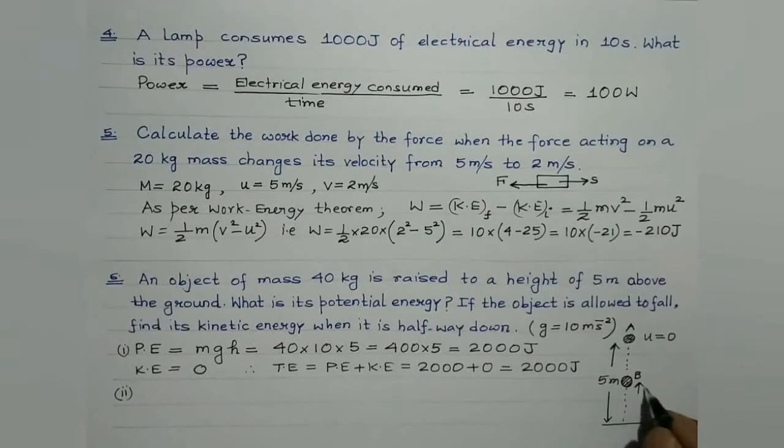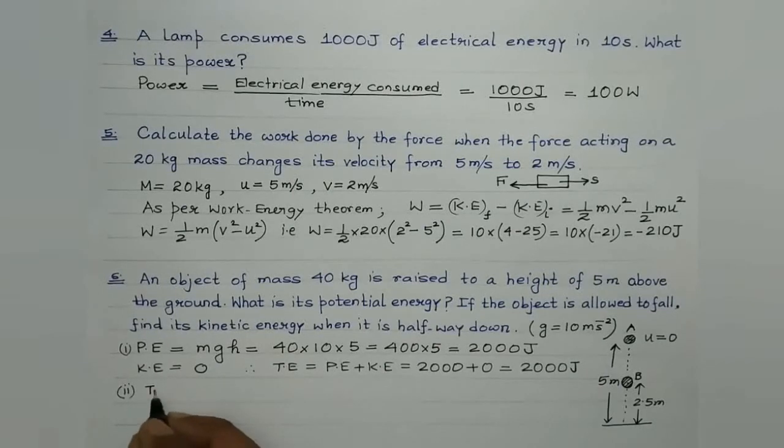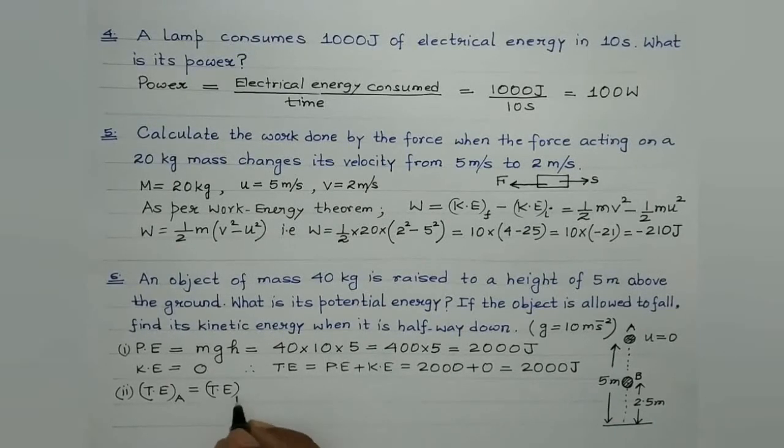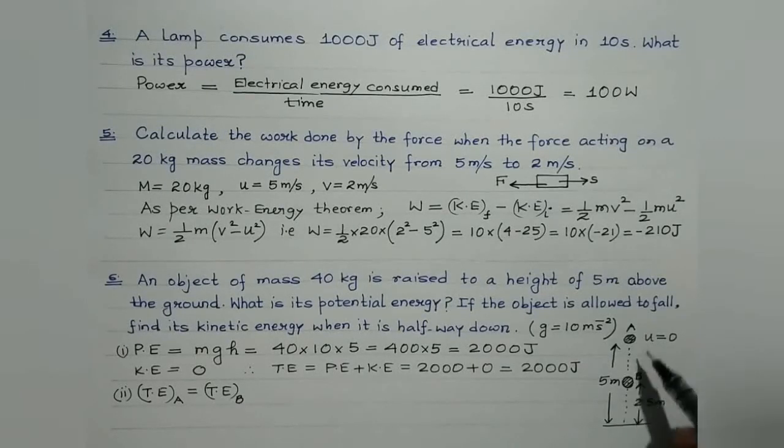Point B is midway, that is, at a height of 2.5 meters. So applying the law of conservation of energy, the total energy at point A must be equal to the total energy possessed by the body at point B. That is, the energy of this body throughout its motion must remain conserved, and the total mechanical energy is given by the sum of kinetic energy and potential energy.